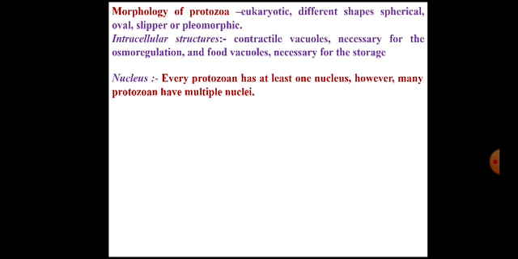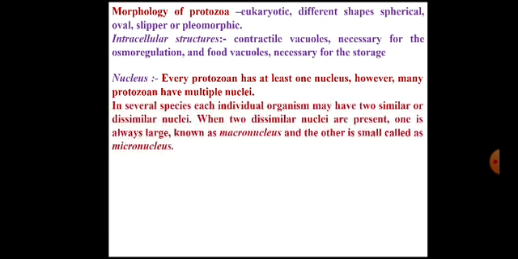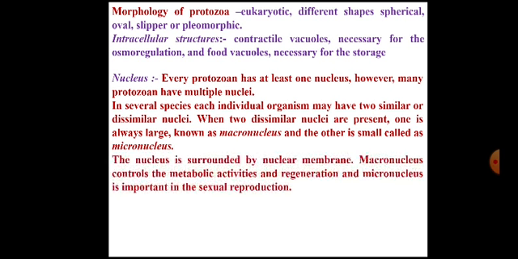That type of nucleus is called micronucleus, whereas the chromosomal one is called macronucleus. So in several species, each individual organism may have two similar or dissimilar nuclei. When the two dissimilar nuclei are present, one is always a large macronucleus and the other one is a micronucleus.